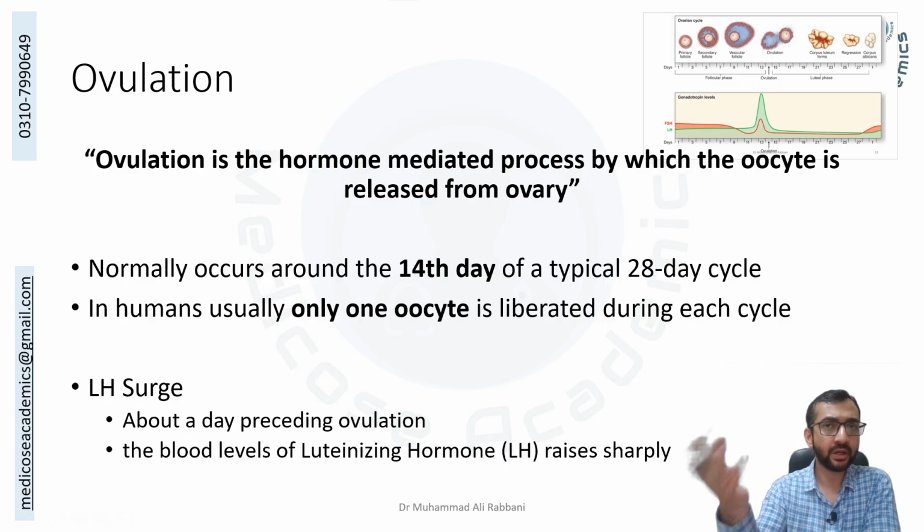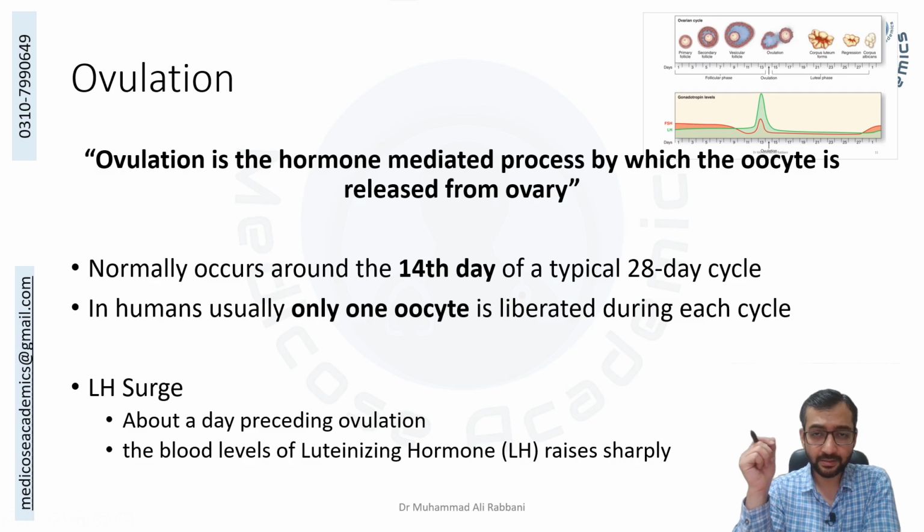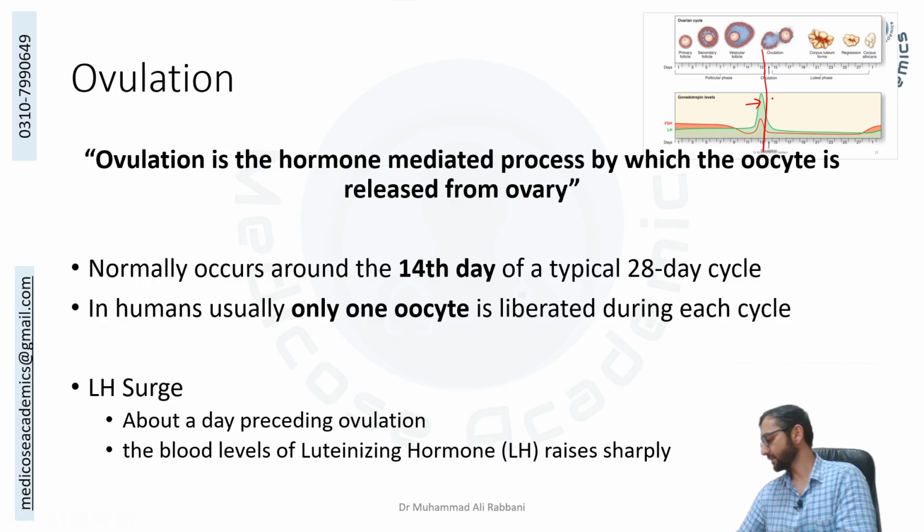Yes, there are instances where more than one are released and lead to twins, and especially more than one release is possible when a hormonal trigger is given. So just before ovulation, you have this whole surge of increased level of luteinizing hormone.